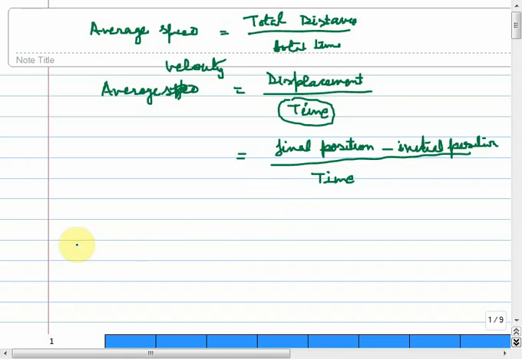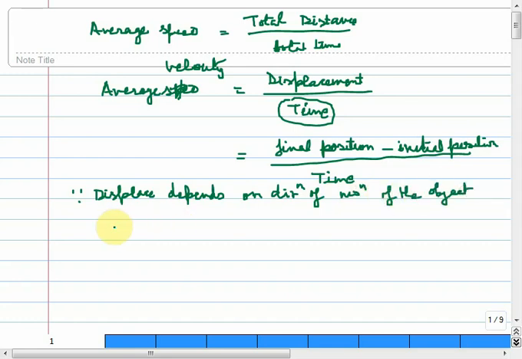Since displacement depends on direction of motion of the object, so is velocity. Average velocity is a vector quantity.